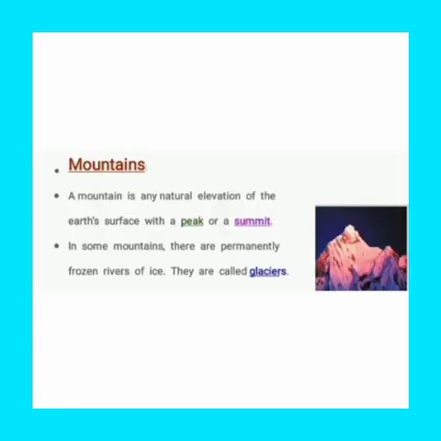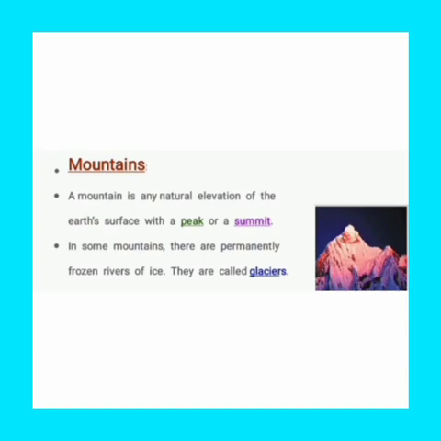Now, mountains. A mountain is any natural elevation of the Earth's surface with a peak or a summit. In some mountains, there are permanently frozen rivers of ice. They are called glaciers.